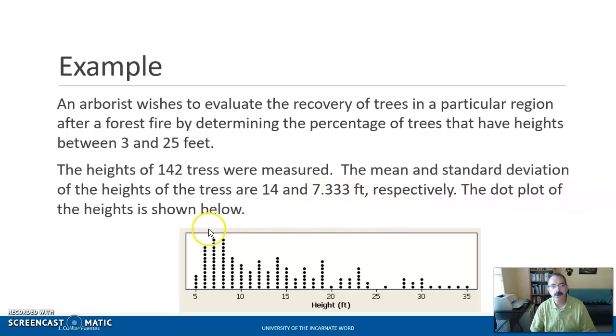The dot plot of the heights is shown below, right here. And you can see that this clearly is not a symmetric distribution and obviously not a bell-shaped frequency distribution.